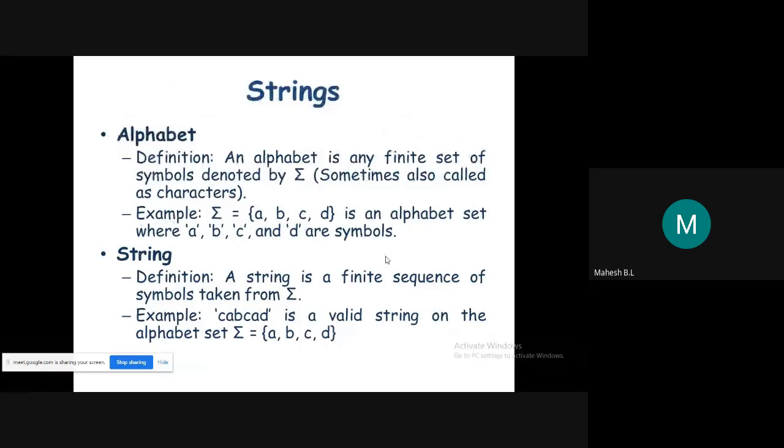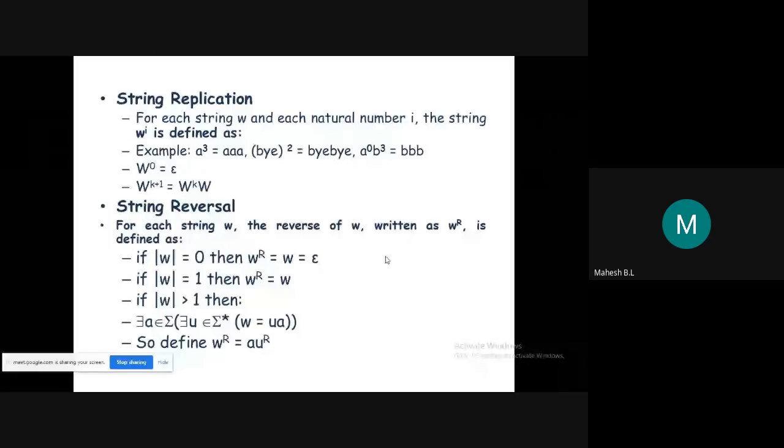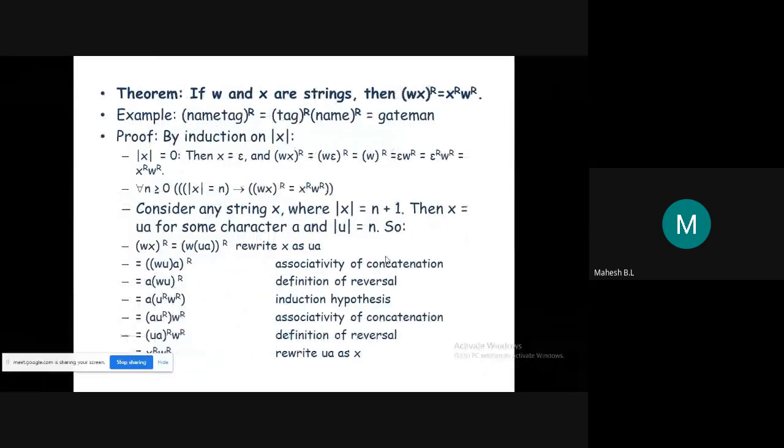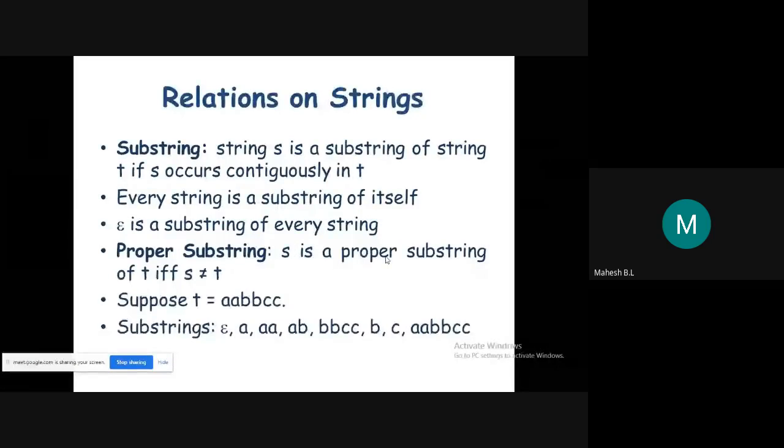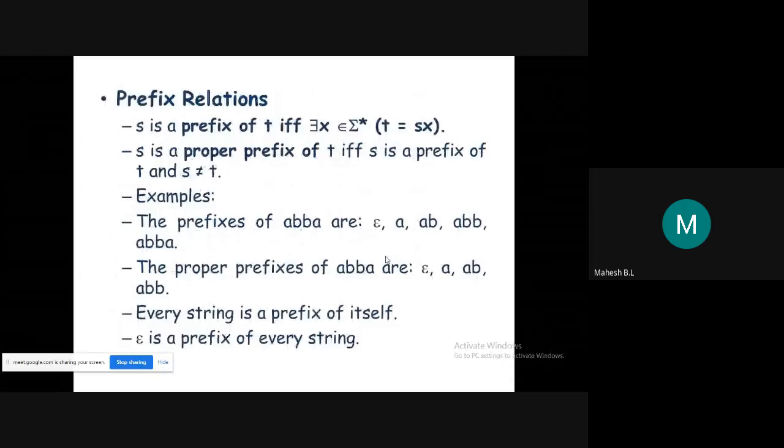Then we discussed what is alphabet, what are strings, what are the different functions on strings. Then we discussed one theorem for the reversal of the strings. Then we discussed relations on strings. We discussed substring, suffix, prefix.